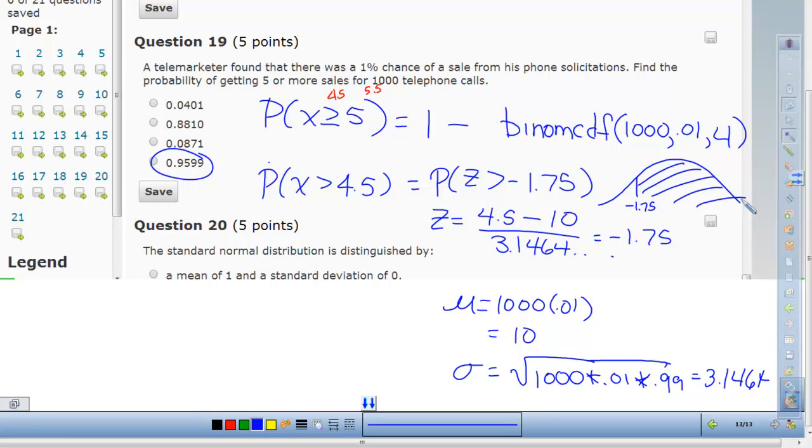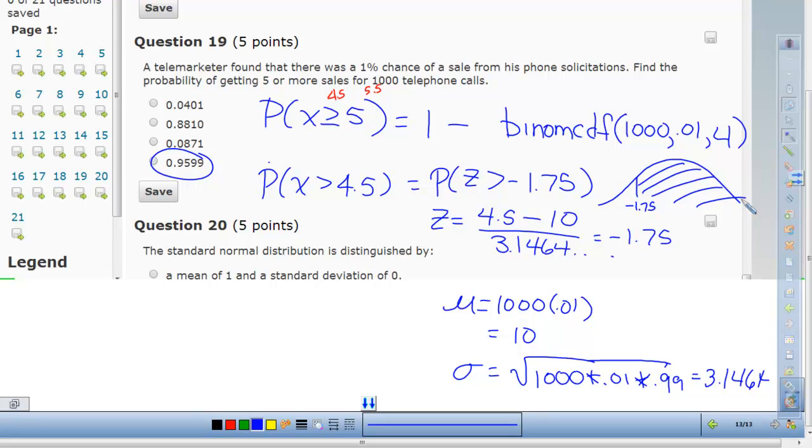So we're going to do normal CDF from minus 1.75 to infinity. I get 0.9599, which is the answer that's on the test.